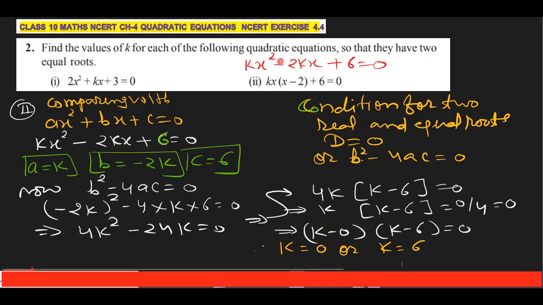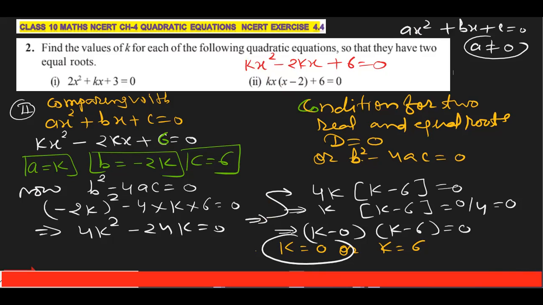But see, in the definition of a quadratic equation, ax square plus bx plus c is 0, but the coefficient of x square should not be equal to 0. The coefficient of x square should not be 0. And here this k is the coefficient of x square, so we have to reject this value. This is rejected. We have to go by the definition of quadratic equation: k is the coefficient of x square. The definition of quadratic equation says that the coefficient of x square should not be equal to 0.